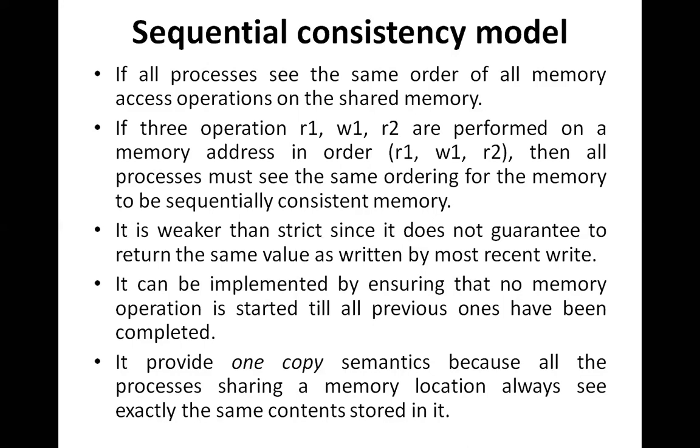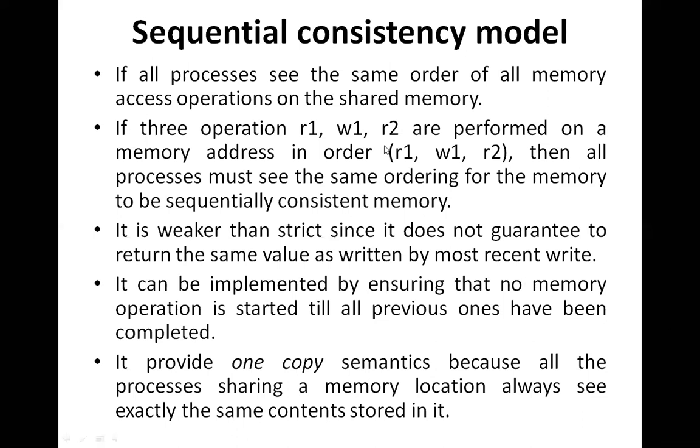So the crux of the sequential consistency model is that whatever way the operation is being performed on a particular memory address at a certain node, all the processes have to see the same sequence in which the operation is being performed. It may be R1, W1, R2, it may be W1, R1, R2, it may be R2, but every process has to see the same ordering.